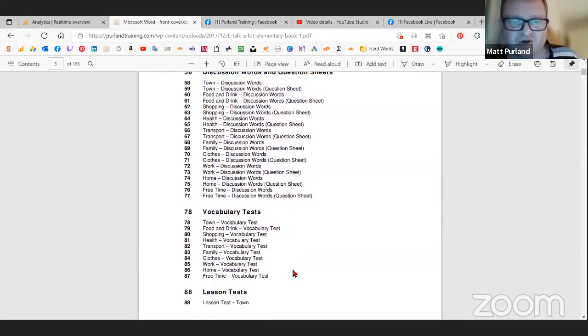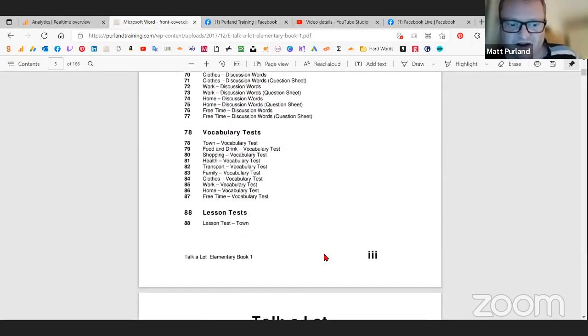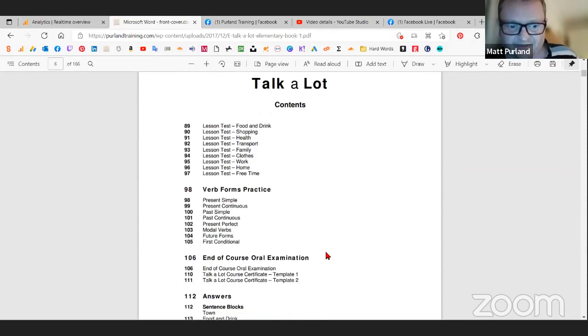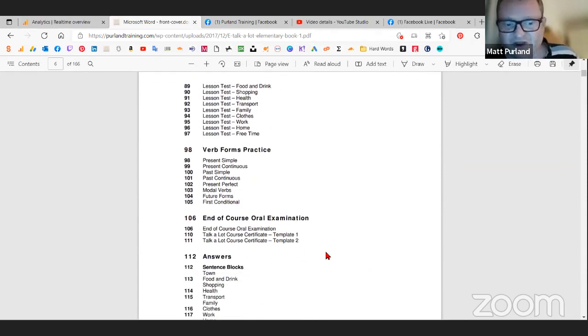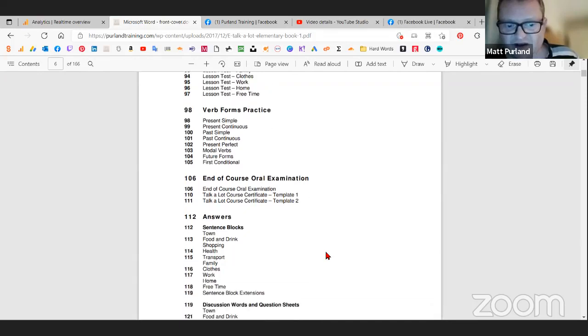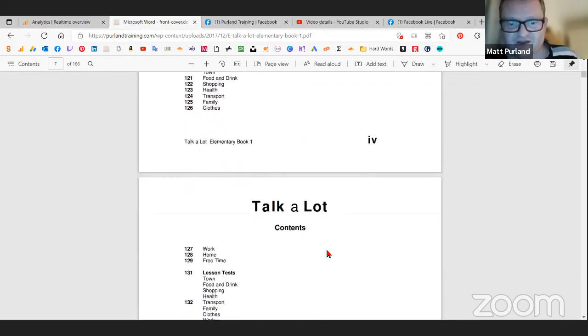In the third book, there are a lot more activities and different units. It's maybe for pre-intermediate level, but the high end of elementary level. And lesson tests. There's even an end of course examination there.